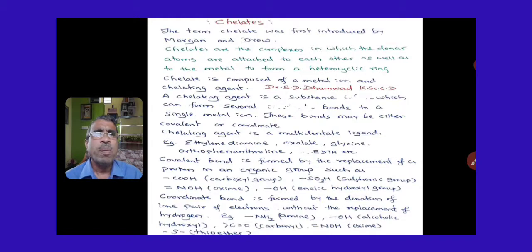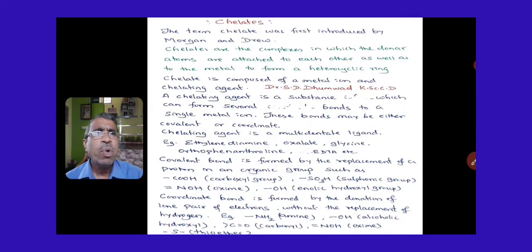Here the meaning of a metal means metal ion. So I repeat, the chelates are the complexes in which the donor atoms are attached to each other as well as to the metal ion to form a heterocyclic ring.